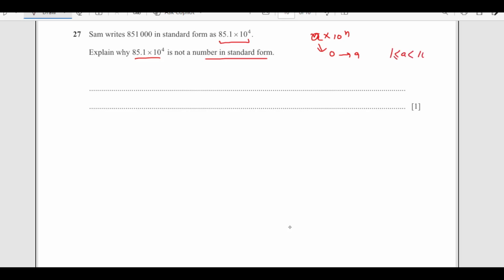Let me show you this. So a can be 1, meaning it cannot be 0, and it should be less than 10, meaning it should be up to 9, and this 85.1 is greater than 9.